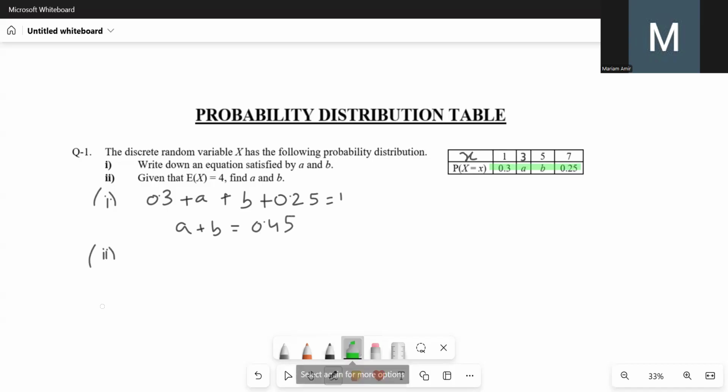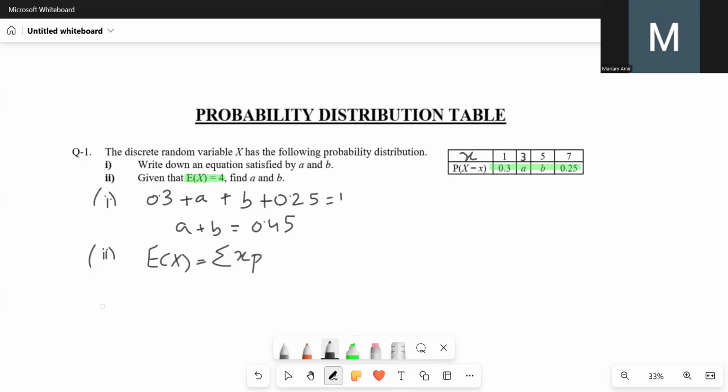Part 2, given that the expected value of X is 4, this is actually the mean. Find the value of A and B. Now the formula for expected value is given in the formula sheet, which is x times probability.